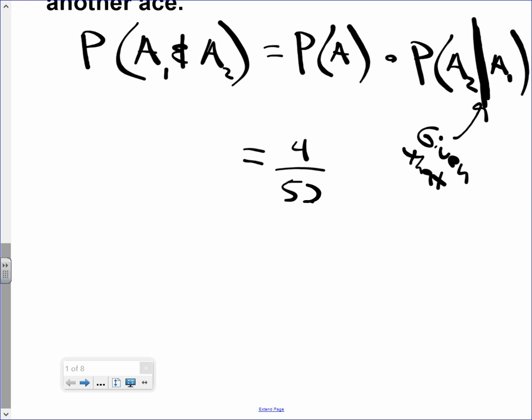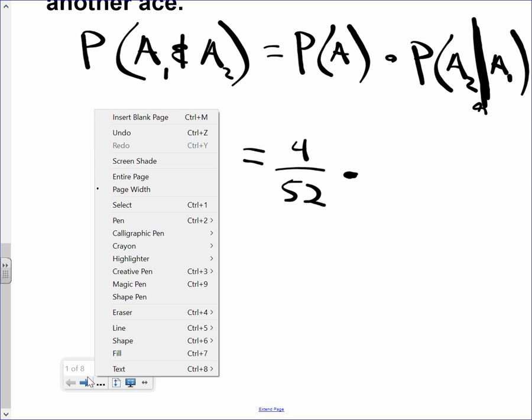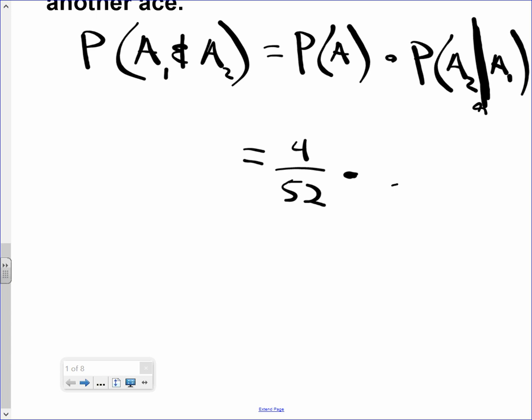Times the probability of getting the second ace, assuming they got the first one. Now, I don't have 52 cards anymore. I have 51 cards. Notice how it depends. See, this depends on that. We call them dependent events. This is influenced by the first ace I got. And now there's not 4 aces, there's only 3 aces.